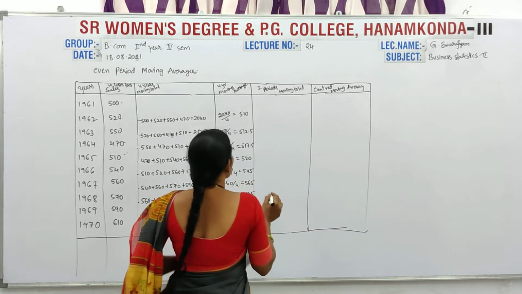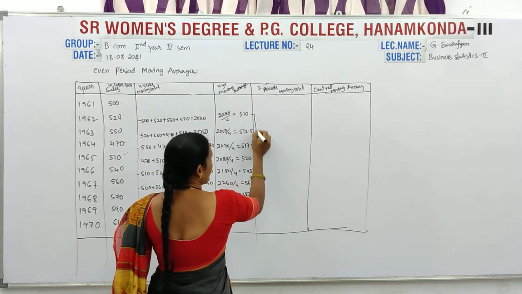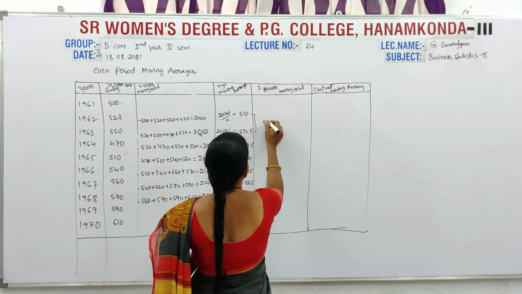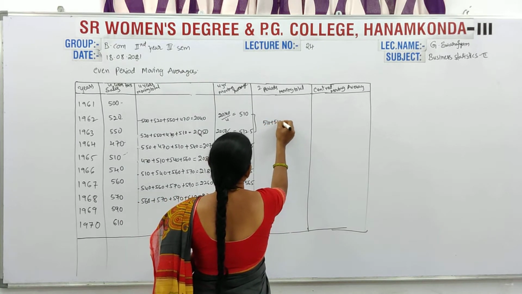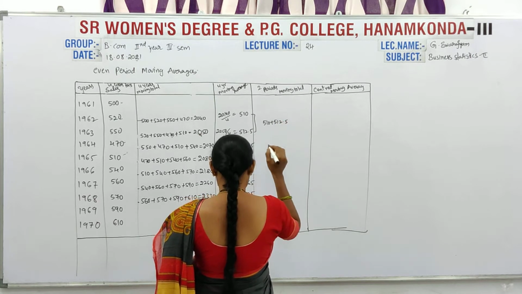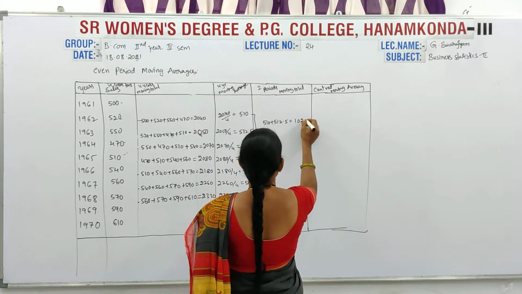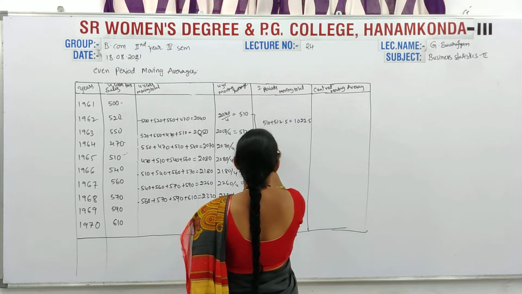So the 2 periods moving total: 510 plus 512.5 is equal to 1022.5.